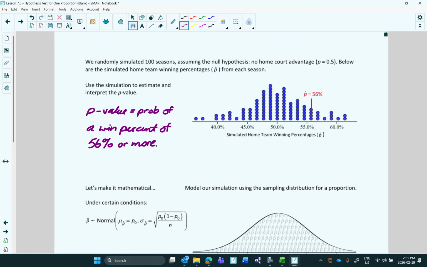In this case, how many times did 56% or more happen? Well, 56 happened 4 times, 57 happened 3 times, 58 happened once, and so forth. So we go 4, 7, 8, 11, 12, 14 out of the 100 simulated seasons, or 14%.